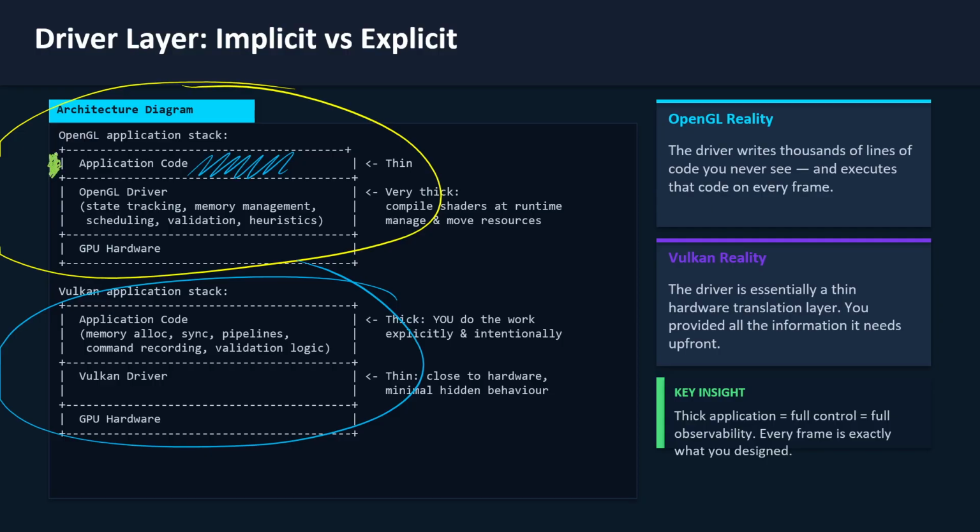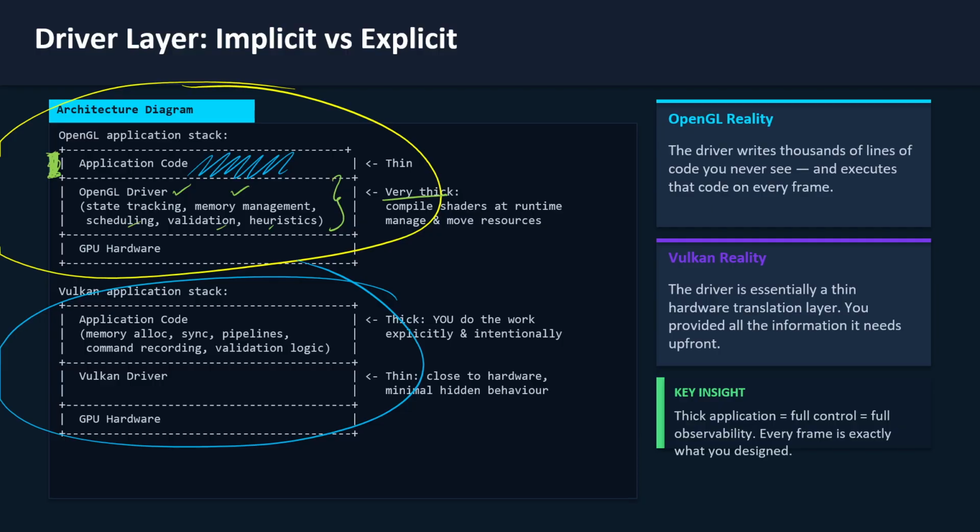Whereas in the OpenGL driver, there is a lot going on. It's managing your state, doing memory management, scheduling, validating, and all the heuristics, the guesswork that it's doing. So it's quite thick compared to this one.